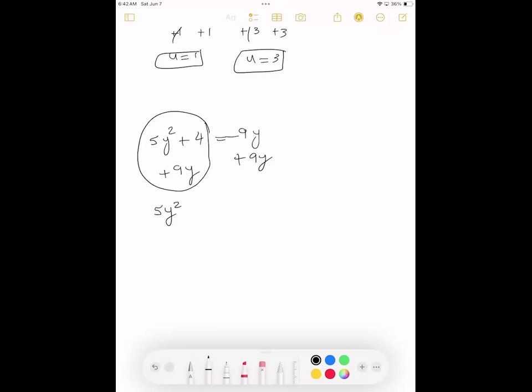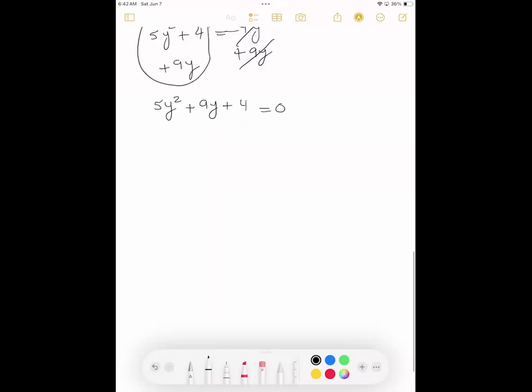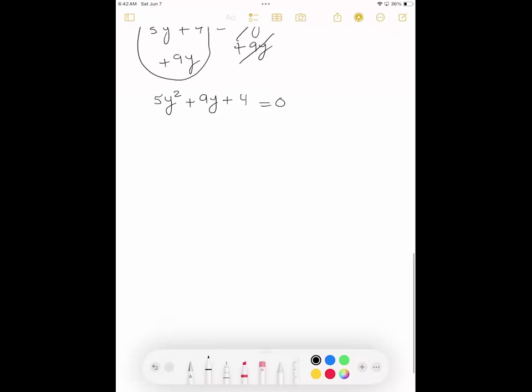Write 5y to the power 2 plus 9y plus 4 is equal to 0. When the coefficient of your y squared is not 1, you look for greatest common factor. What we have here is a 5, but 9 is not divisible by 5, so 5 is not a greatest common factor.